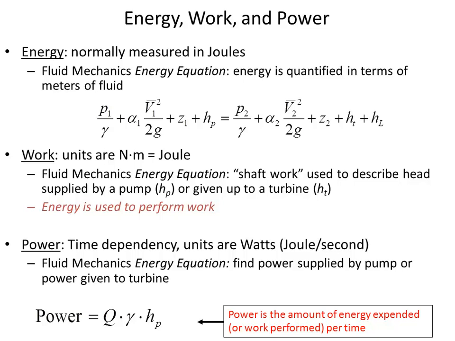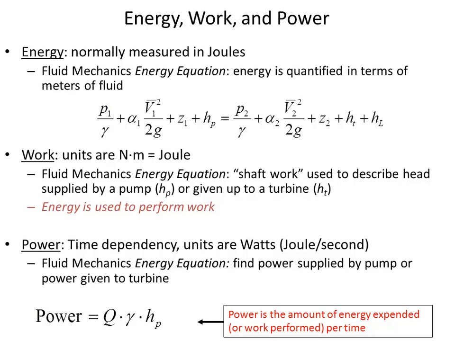In the energy equation, each of the terms, the pressure head, the velocity head, the elevation term, pump head, turbine head, and head loss, all have units of meters. So you can express energy in terms of joules or in terms of meters of water, which is like expressing it in terms of a potential energy.